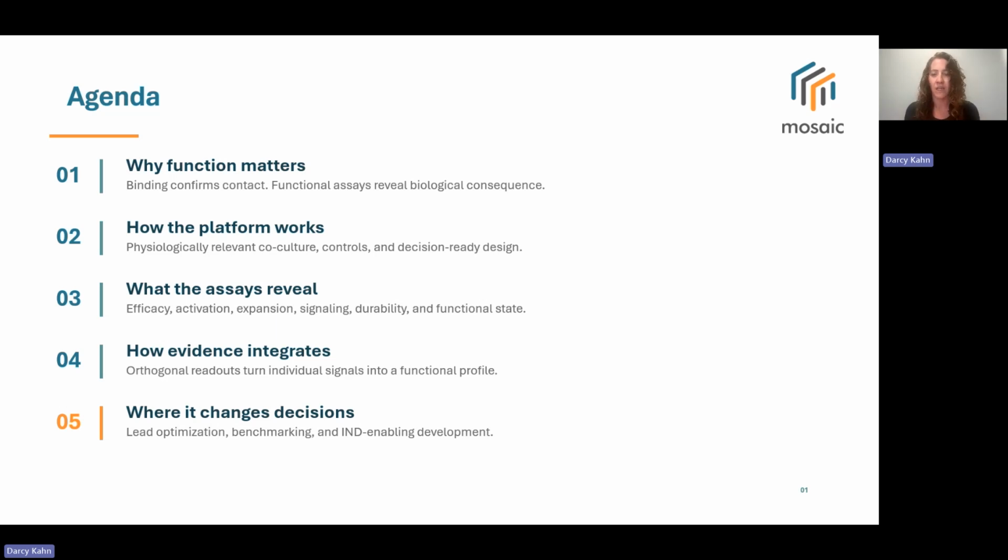For this, we're going to be using an approved DLL3 targeted T cell engager. That will be our benchmark through the whole talk and all of the data. And then we'll wrap by putting it all together and talking about where this actually plugs into a program. And I'll close out with a few of the questions that we get asked most often when we do this kind of work.